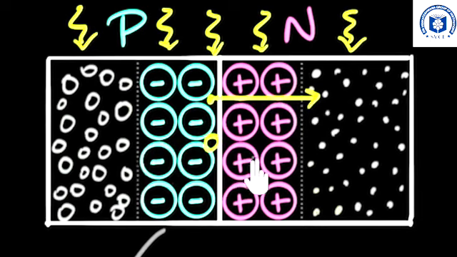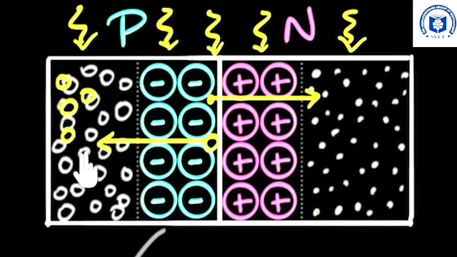This hole similarly is attracted by this negative charge, or you can say it's repelled by this positive charge, and gets accelerated this way. So, before they have a chance to recombine, they are swept across due to the electric field in the depletion region. As a result, when electron hole pairs are formed over here, the holes get swept and accumulated in the p type.